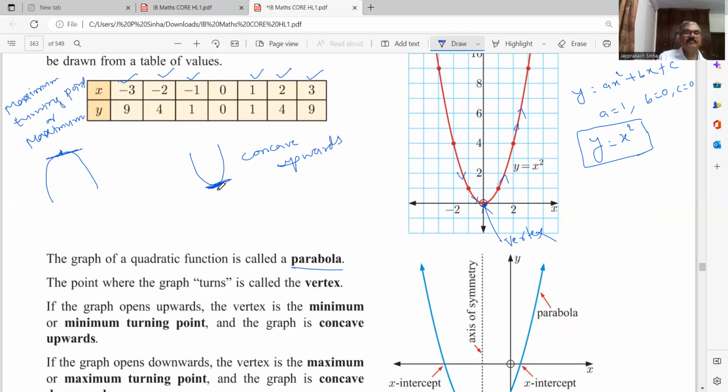Here it is minimum, or minimum turning point. This is called concave upward and this is called concave downward.